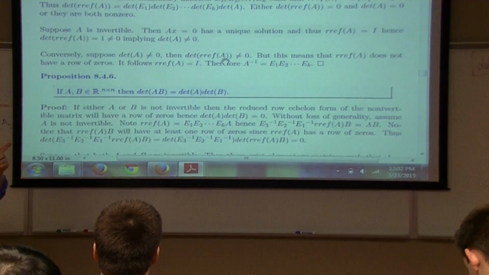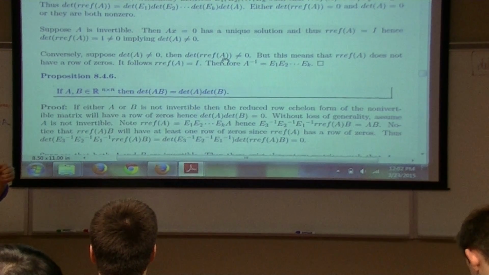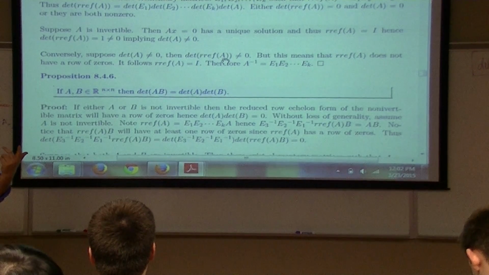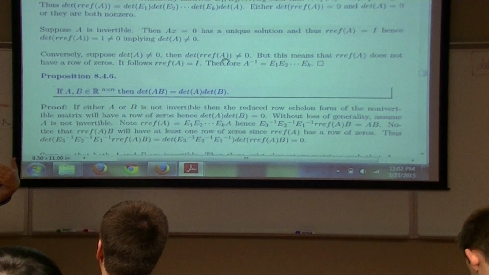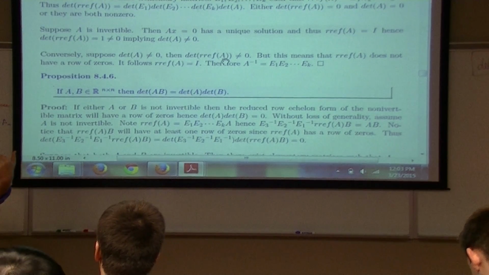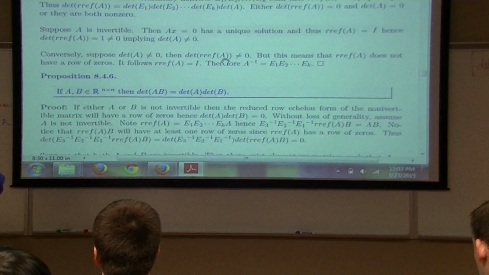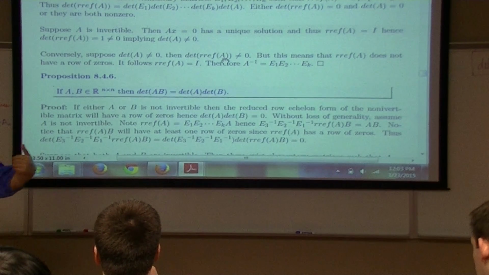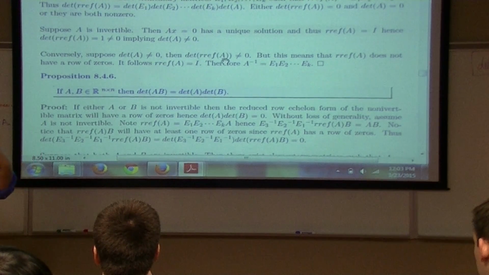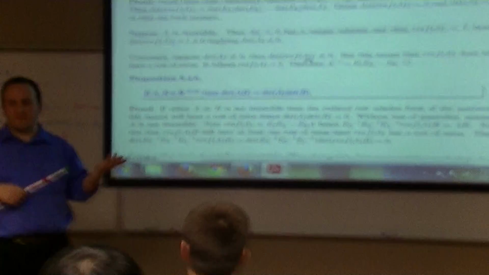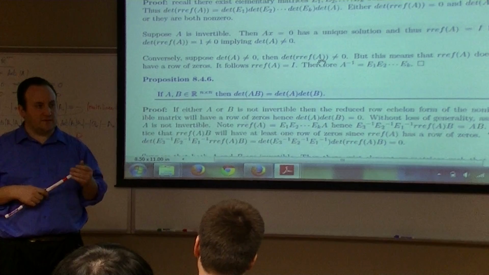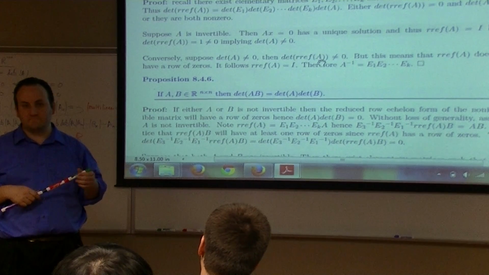On the other hand, if the matrix is invertible, we proved earlier that means it's a product of elementary matrices. But the determinant of a product of elementary matrices is the product of the determinants of those elementary matrices. And I just told you that every elementary matrix has a non-zero determinant. I mean, they ought to, they're invertible matrices, right? But there you go. That proves that the determinant of an invertible matrix is non-zero.